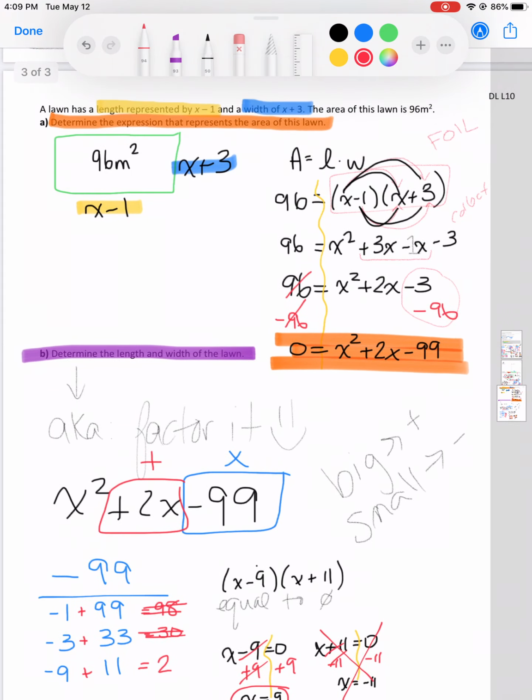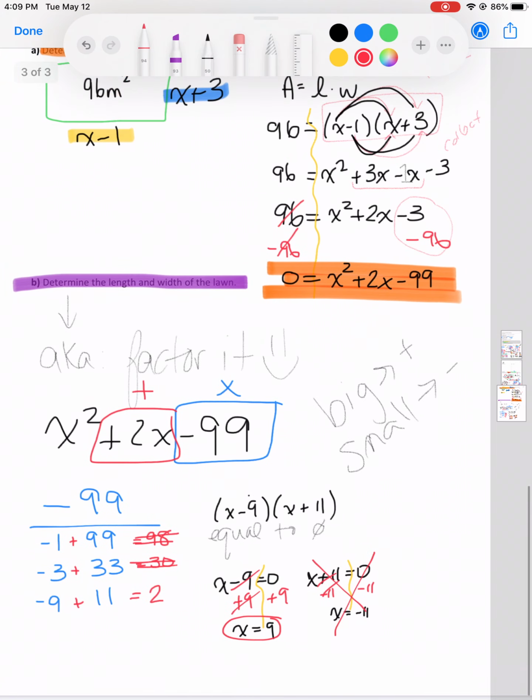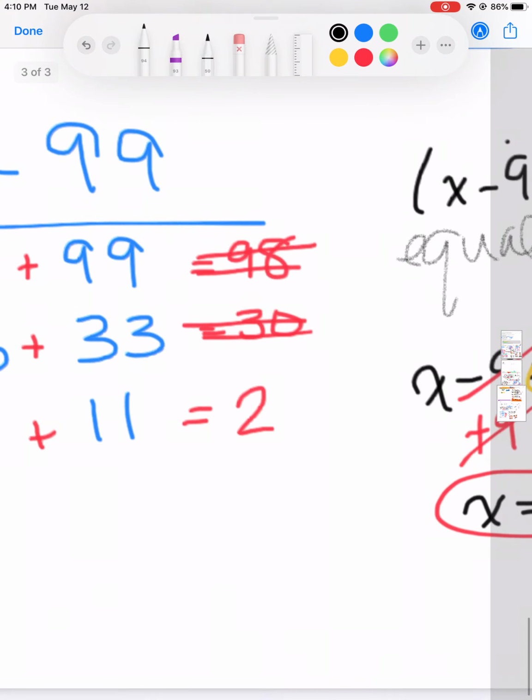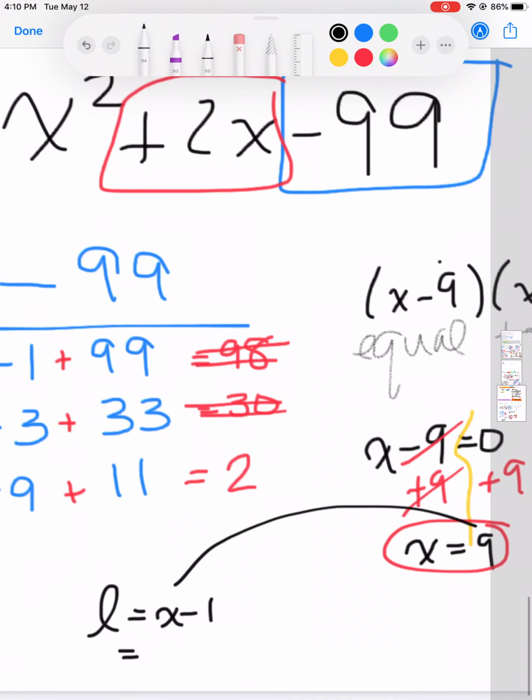Now, if we go back, our length is x minus 1. So, I'm going to plug that 9 in. 9 minus 1 is equal to 8. So that's my length. And whatever the units are, I can't remember.